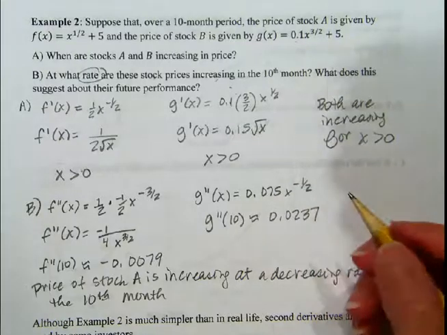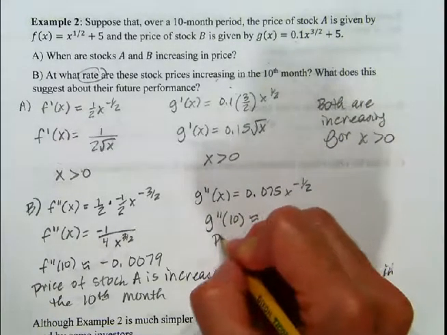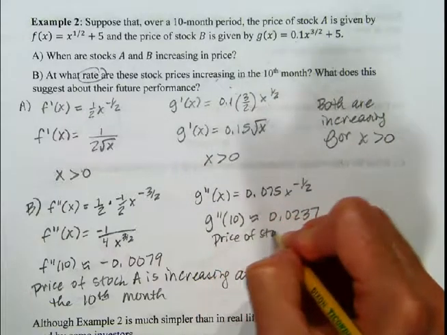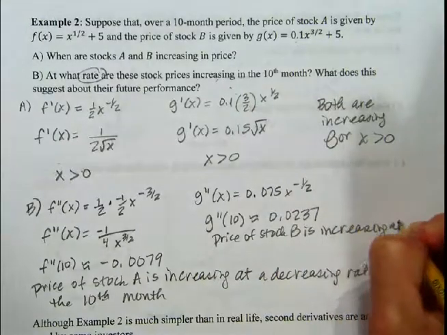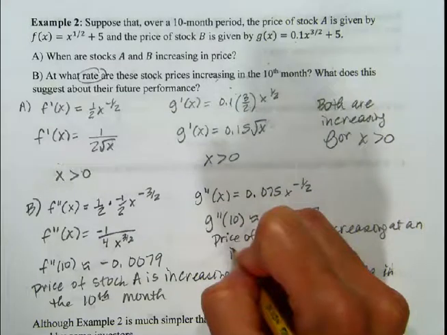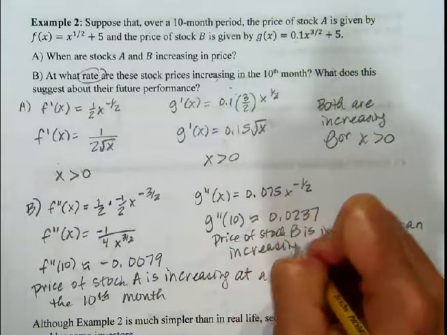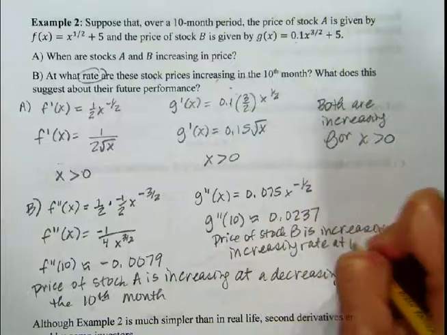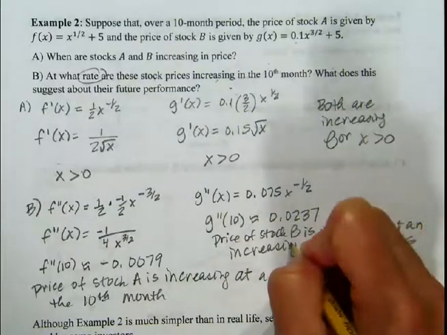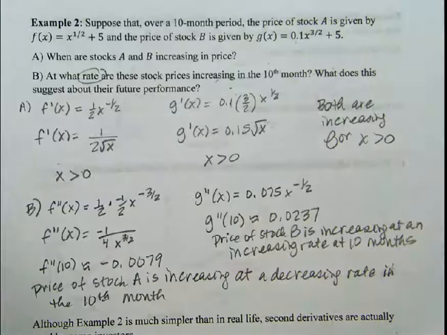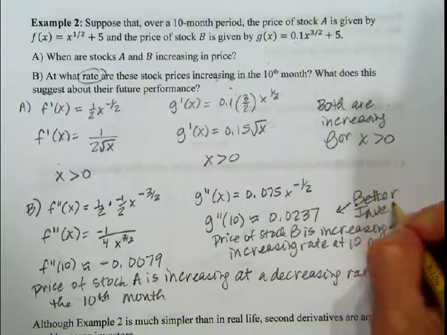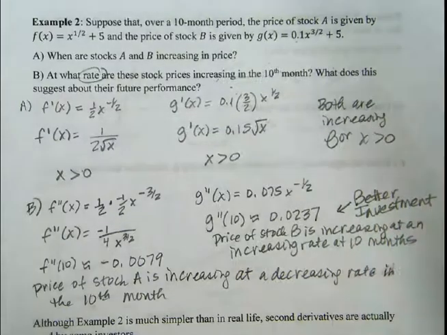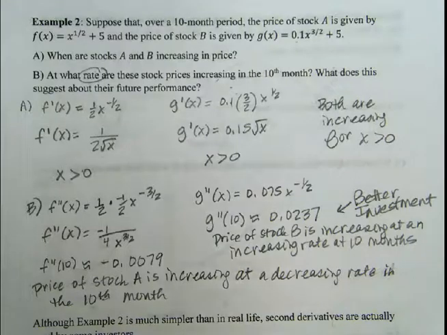So the price of stock B is increasing at an increasing rate at 10 months. So which one is the better investment? Stock B would be the better investment because both of them are still increasing, but this is increasing at an increasing rate. So it's gaining more, and that's what you want.